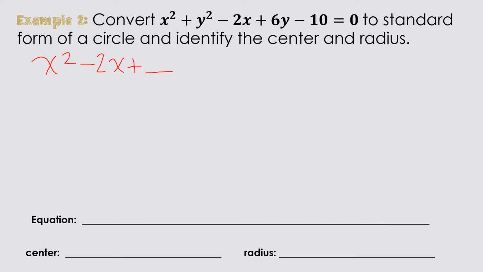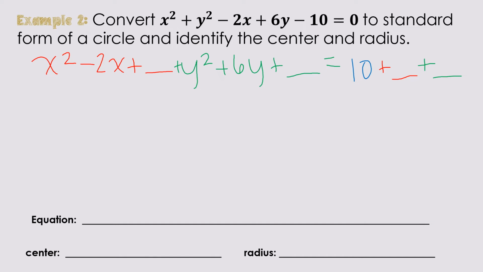Now let's put our y's together: plus y squared plus 6y, and then your space, equals. Our constant of negative 10 needs to get moved to the right side, so we add 10, which makes it positive 10. And then we need to balance the numbers that we're adding on the left side to the right side.